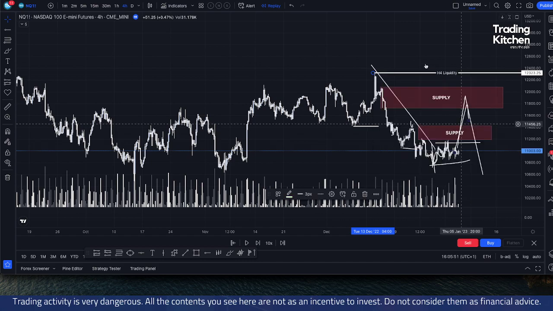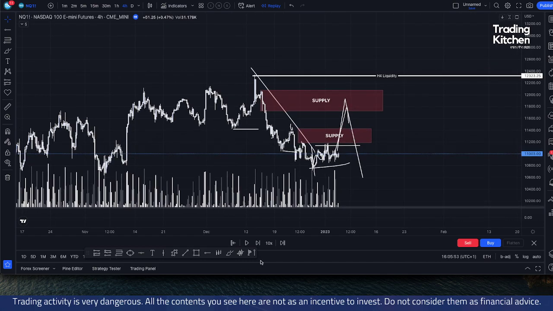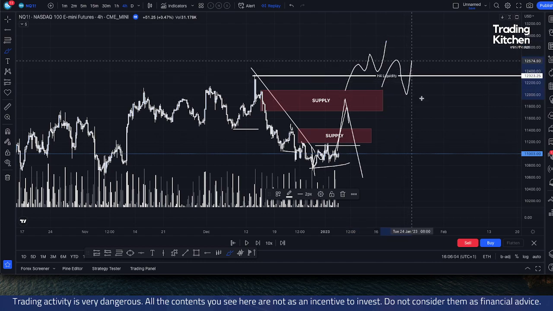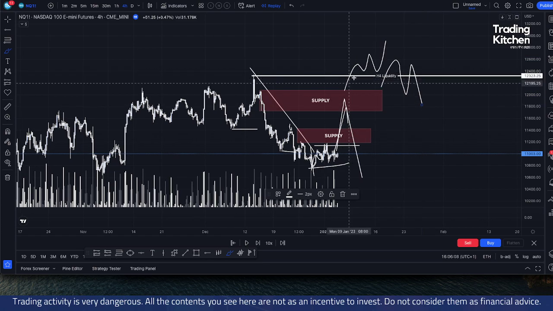And by structure broken, I mean this kind of movement, not this. Price must not re-enter the zone. I just want to see price building something over here.